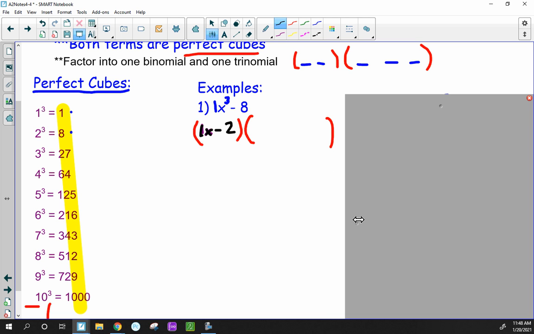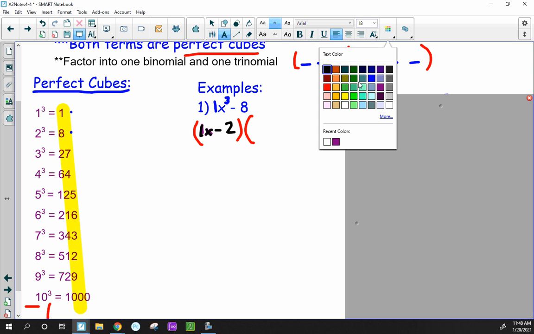In the trinomial, you're going to do the following. I'm going to type some of these directions out, and then I need you to copy them down, and then we'll go over where they go.